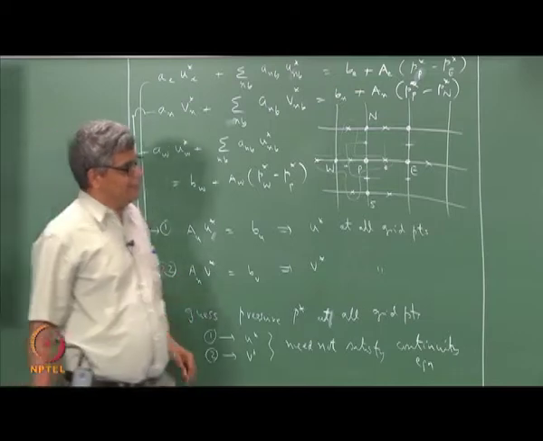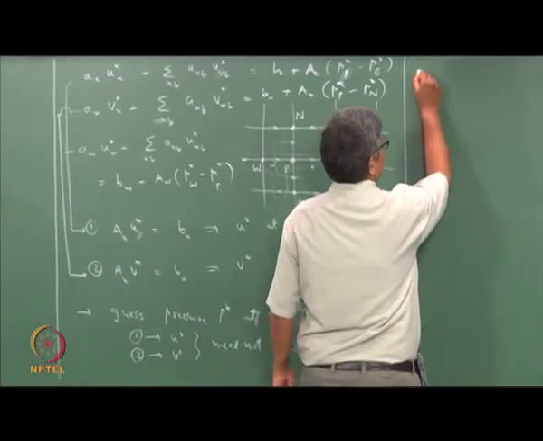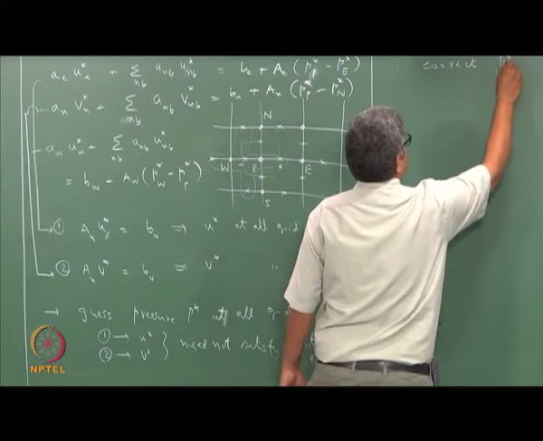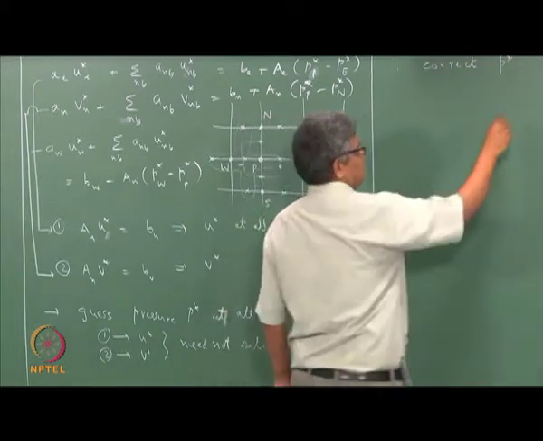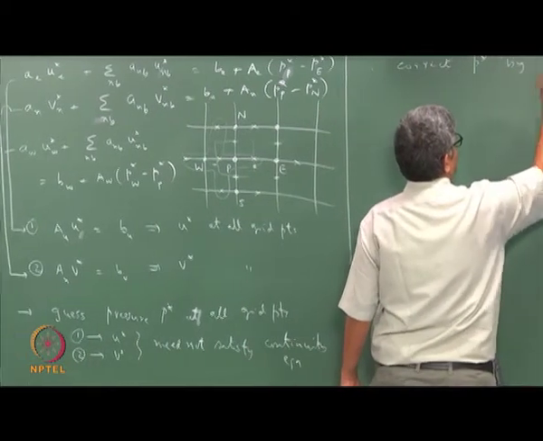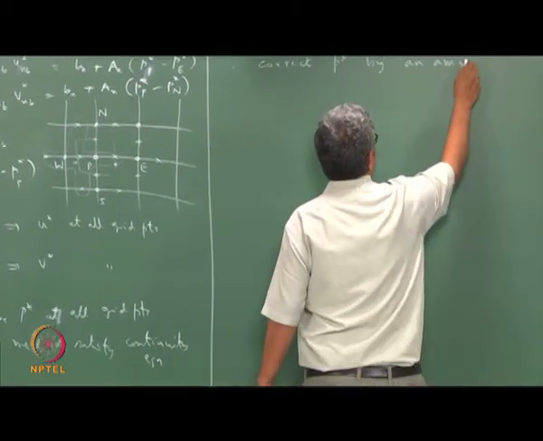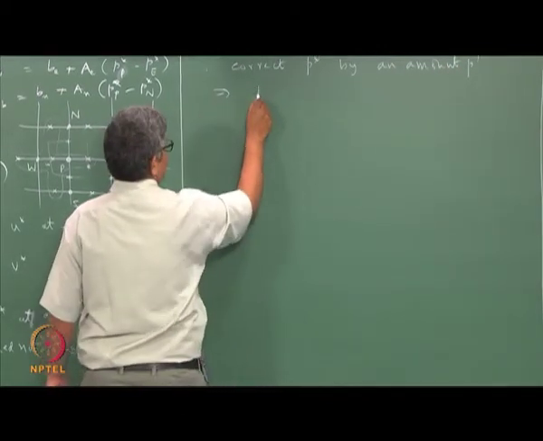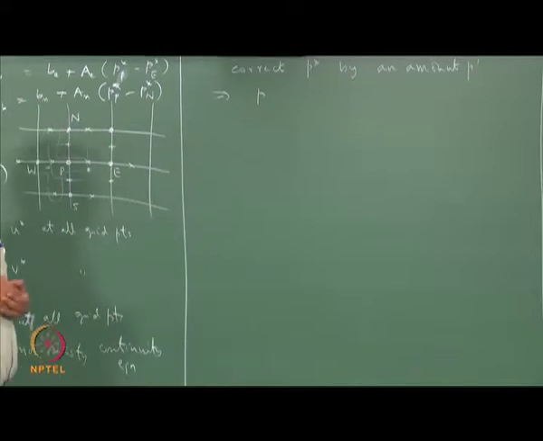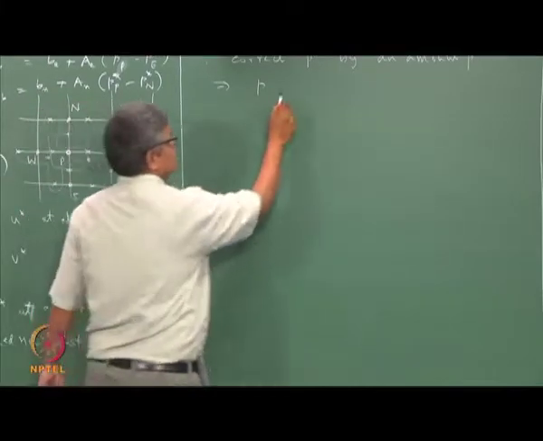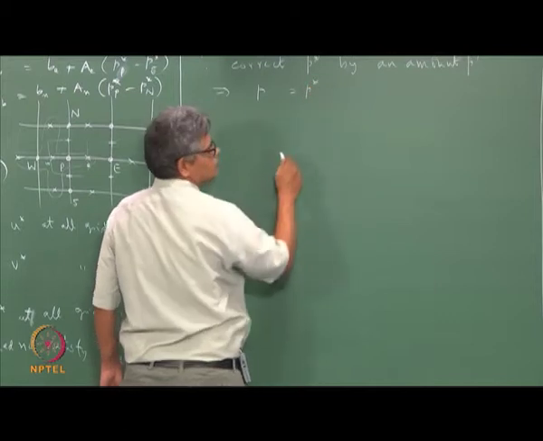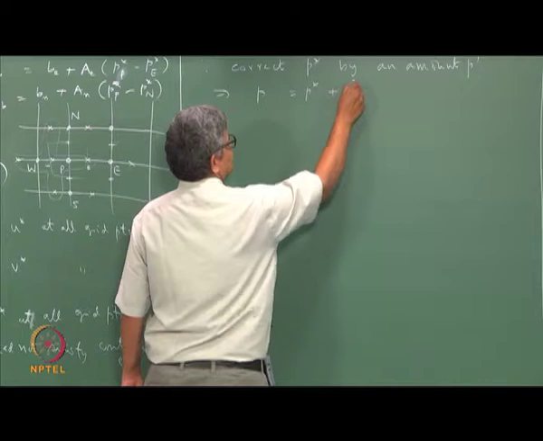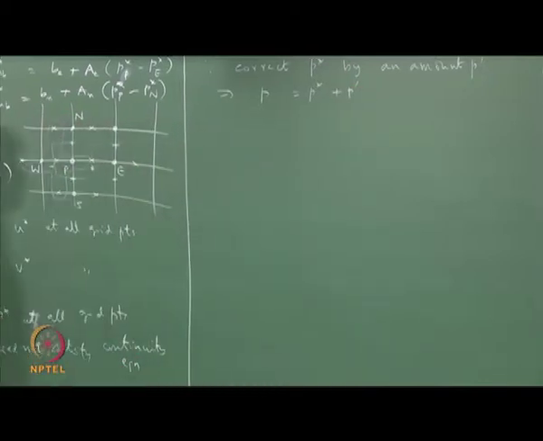So, we say that let us correct pressure, therefore, by an amount p prime. So, that means we write the true pressure value is equal to the estimated pressure plus a pressure correction P prime.